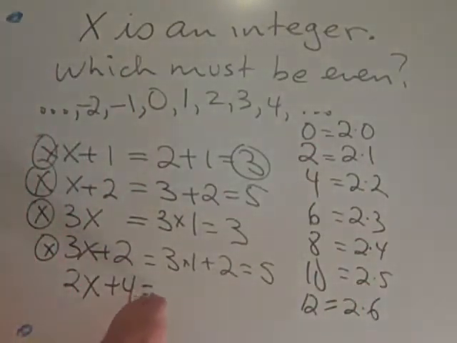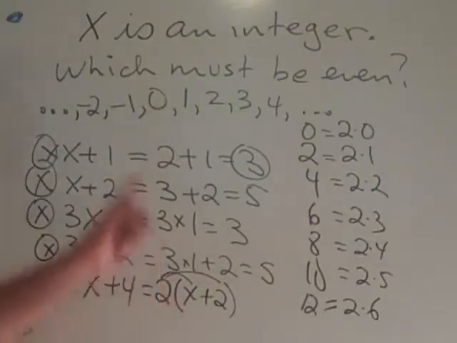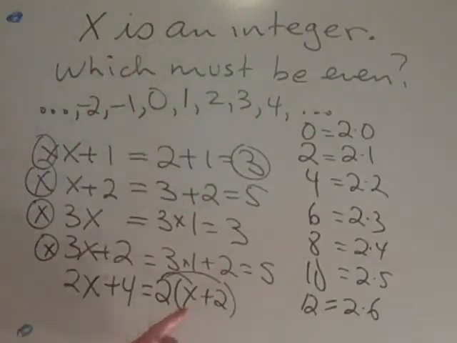Well, in this problem, I can factor out a 2. 2 times x is 2x, plus 2 times 2 is 4. Now, x is an integer. I don't care if it's odd or even. You add 2, you get another integer. Again, I don't care if this is odd or even. I know one thing.